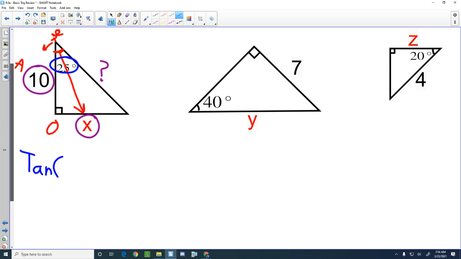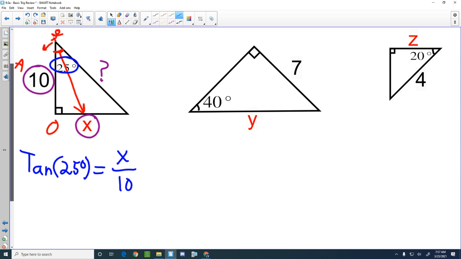Our angle that we were standing at, right? That 25. So you'd say the tangent of 25 degrees equals, and it's TOA, OA, so it's the opposite side, which was x, divided by the adjacent side, which was 10.